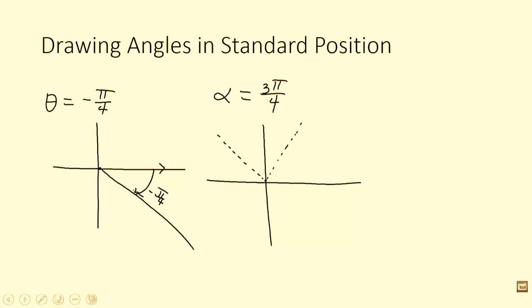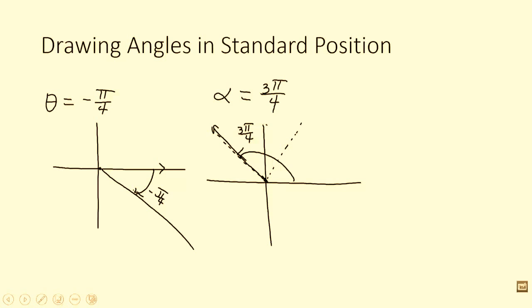This was pi over 4, 2 pi over 4, 3 pi over 4. So actually it's here, and this is the terminal side of the angle. So this is 3 pi over 4 in standard position, and the vertex is at the origin.